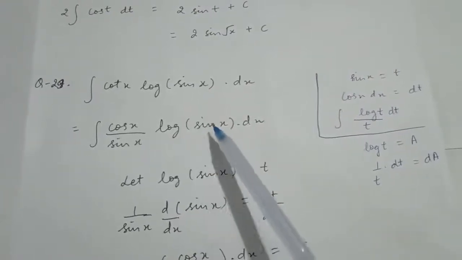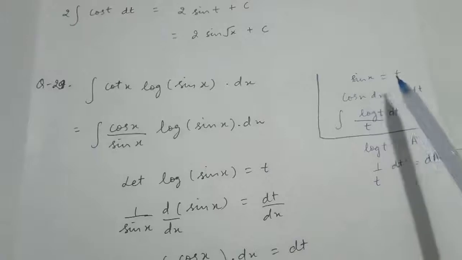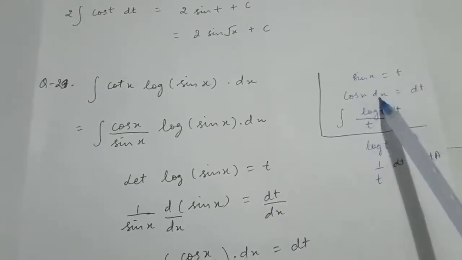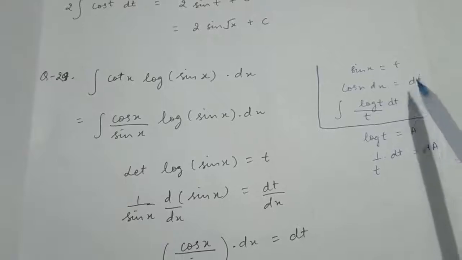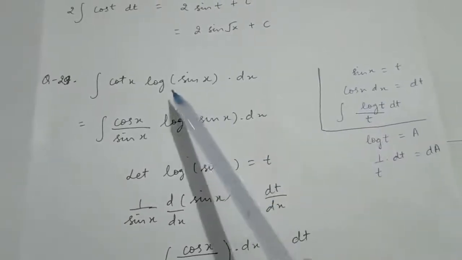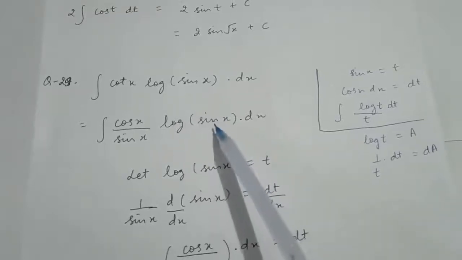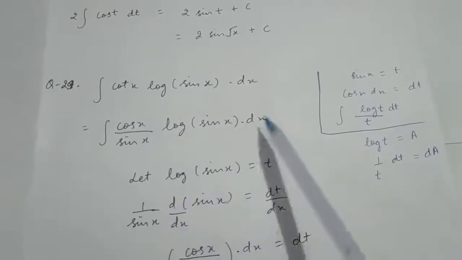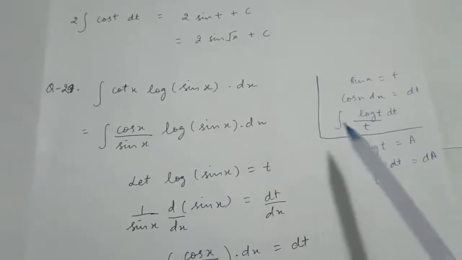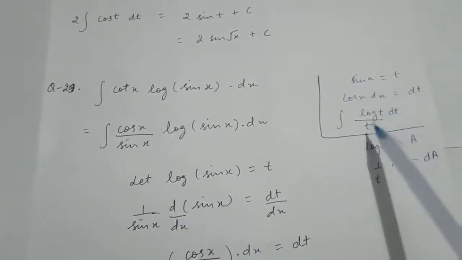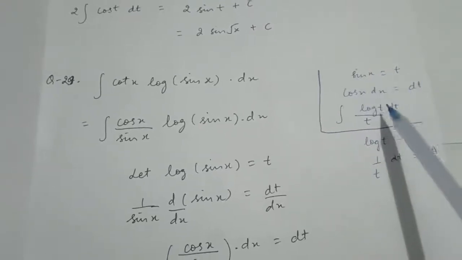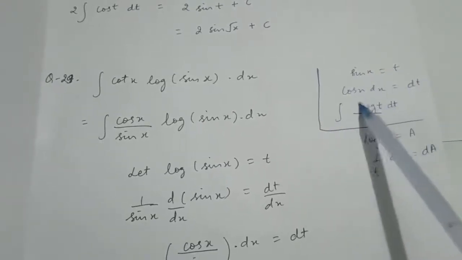Suppose we substitute sin x equal to t, then the derivative of sin x is cos x dx equal to dt. Then the integral will change into log t, and cos x dx upon sin x will be dt upon t.